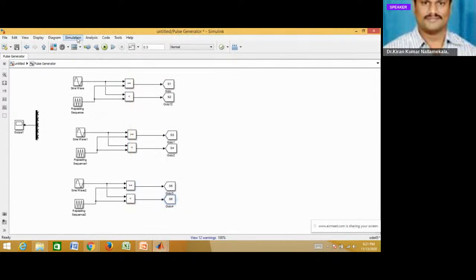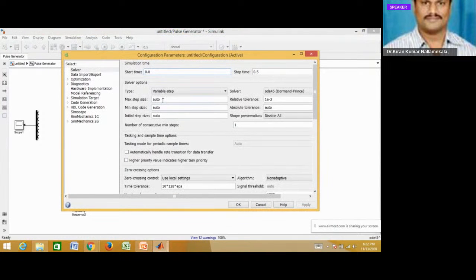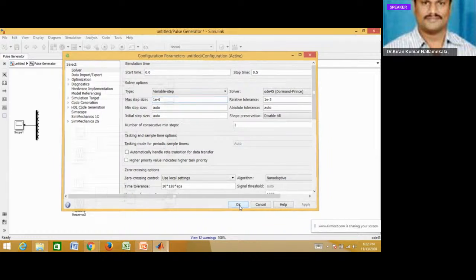We'll go to configuration parameters and see how the parameters are designed. Here, maximum step size should be 1 E minus 6.